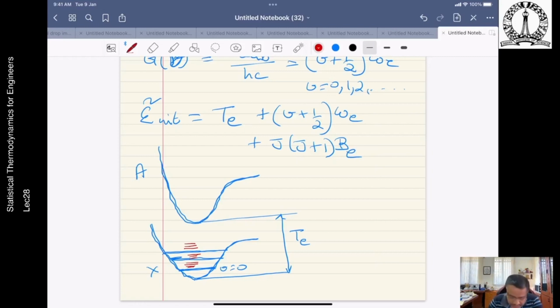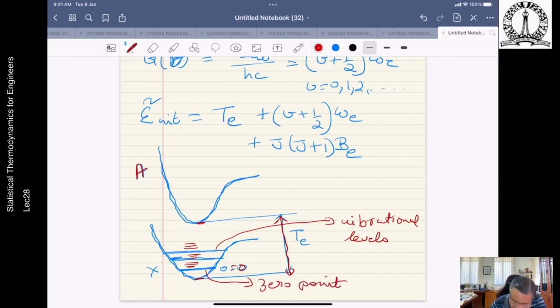What you see are basically the vibrational levels. TE is the difference between the two minimums that you are talking about. This is A, one level higher, and this is V equal to 0. This is not at the bottom because of the zero point energy.